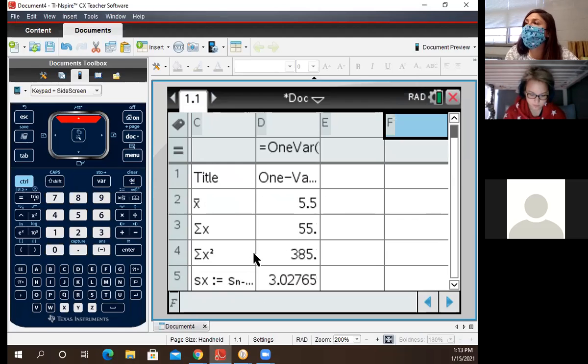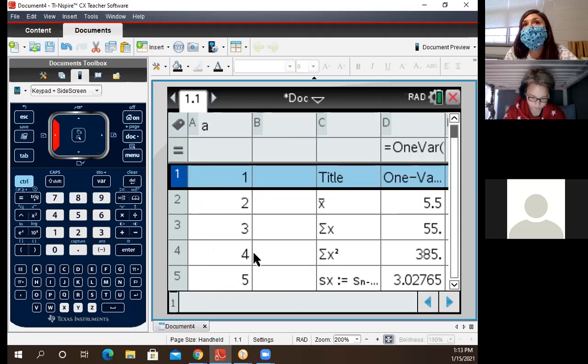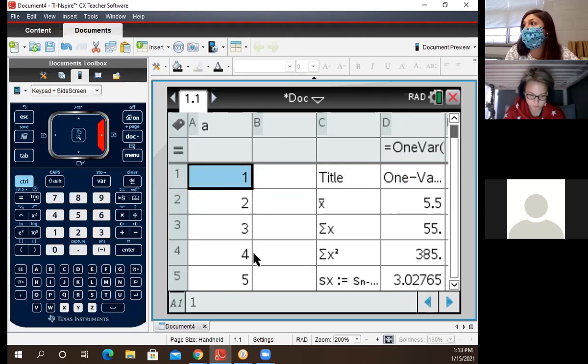So since I called my first list A, I could call the next list B, and then do the same thing. Go through the menus, tell my calculator to find those calculations for my new list. Or I can go back to the column where I typed my first set of data and just type over it. So I could just replace that data with my new data.